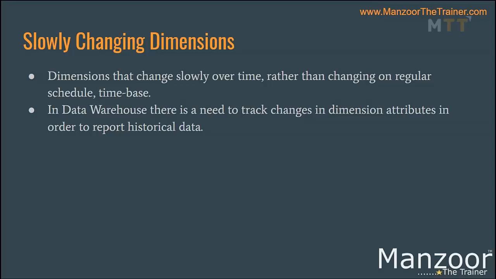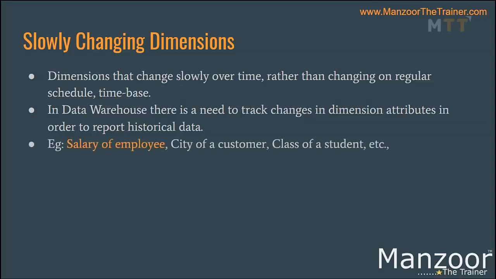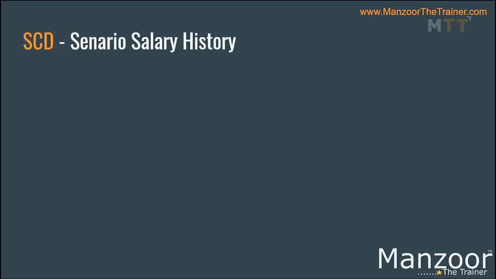Even though it is important for data warehousing, in our applications too, in some scenarios it is important. Examples: salary of an employee, city of a customer, class of a student. These are all slowly changing dimensions. For the salary scenario, we need to maintain history.